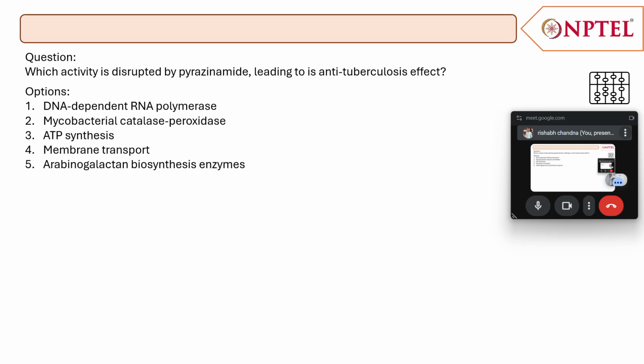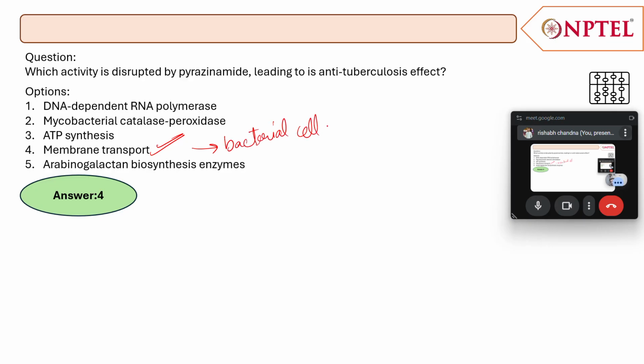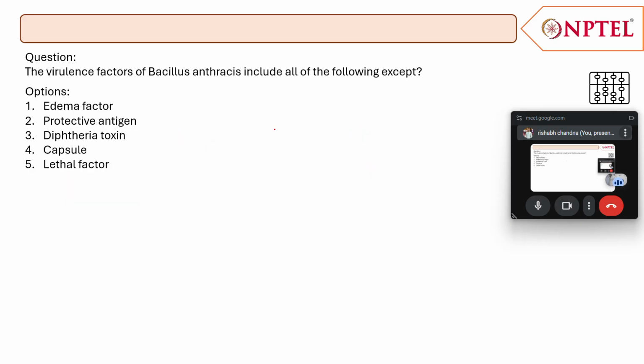So it affects the membrane transport in the bacterial cell membrane. Okay, so disrupting the metabolism of the membrane. Okay, moving on to the next question. The virulence factors of Bacillus anthracis include all of the following except. So what can be the correct answer?